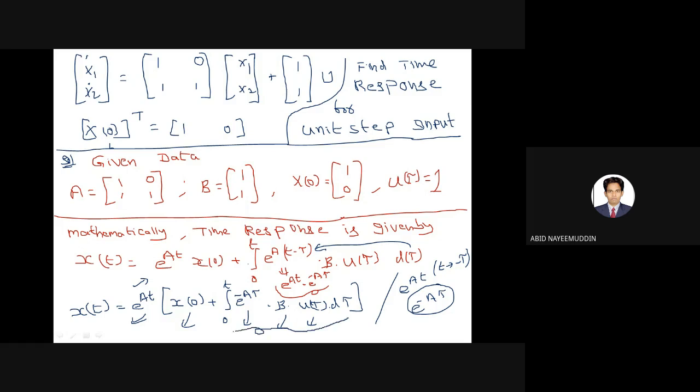Now the first step I need to go for is e power at. What is e power at? Once again, the formula for e power at is L inverse of sI minus a whole inverse. So what about sI minus a? sI minus a can be written as s 0 0 s minus a.